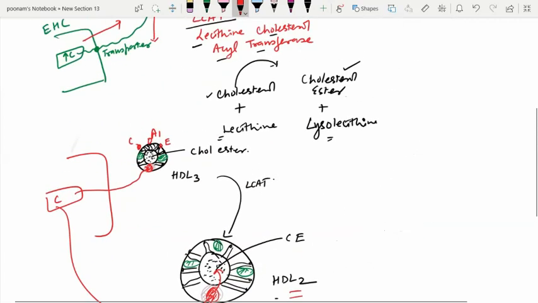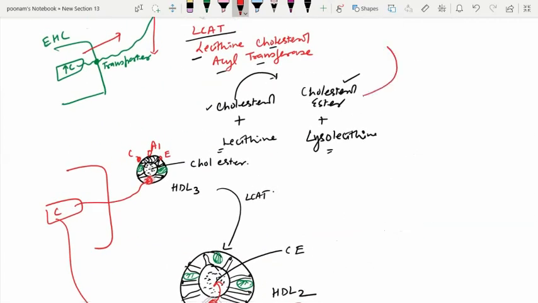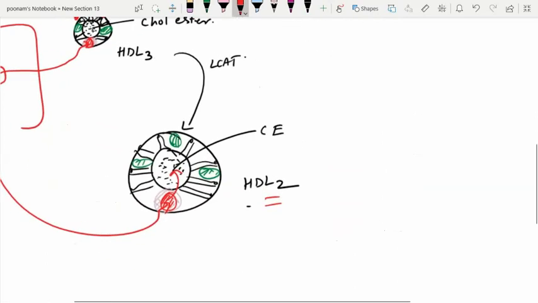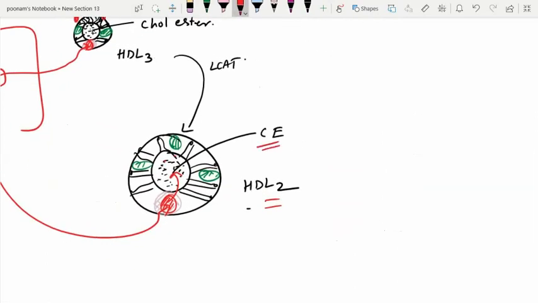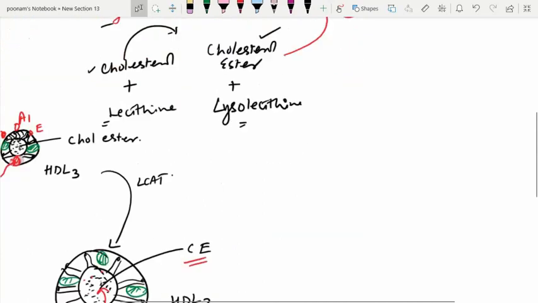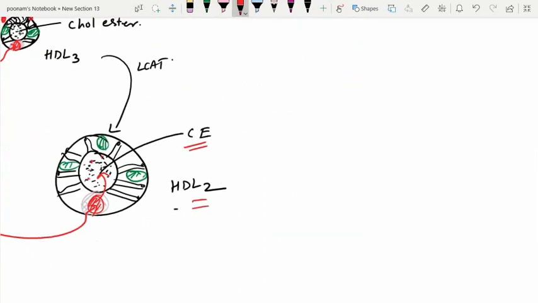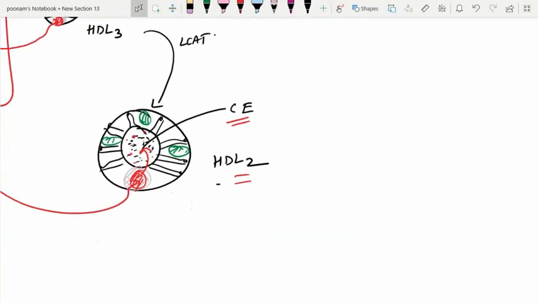But one thing you should know: this LCAT enzyme is under product inhibition. When more and more cholesterol ester is accumulated, when the level of cholesterol ester within the core of the HDL2 particle exceeds the limit, at that point the excess cholesterol ester starts imparting product inhibition on LCAT action, and LCAT will no more act on this HDL2 particle.